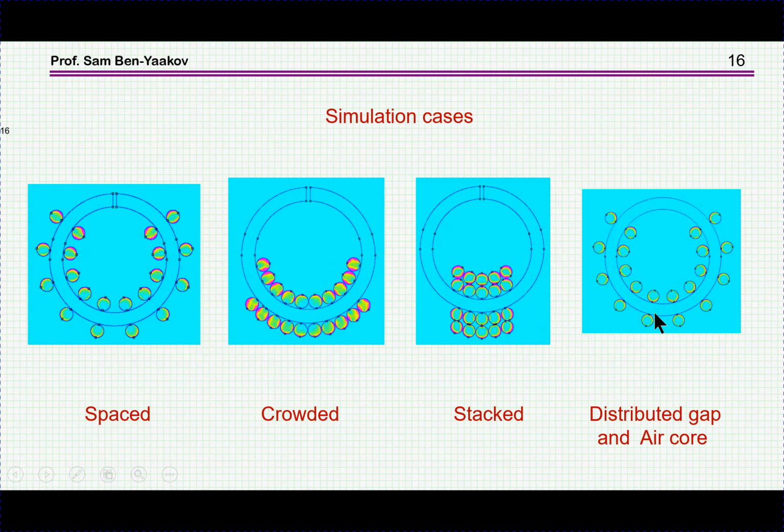One with a lower permeability. This permeability is high, like a ferrite, and this is representing a distributed gap core, an iron powder core with a much lower mu, and we'll talk about it in a minute. And also we have done a simulation of an air core, that is, the relative permeability equal to 1.